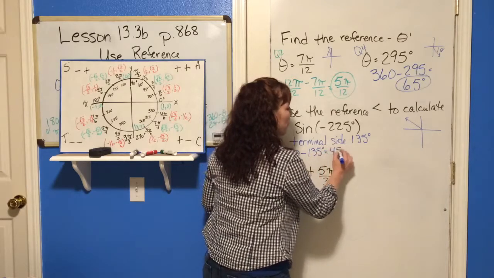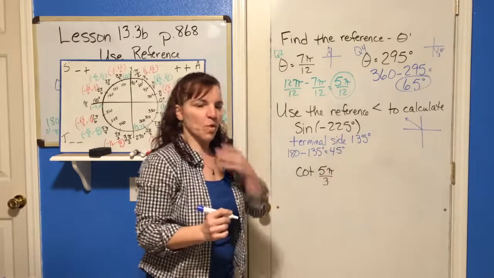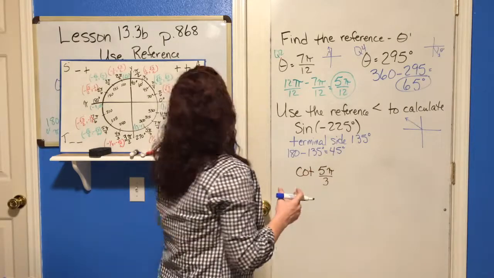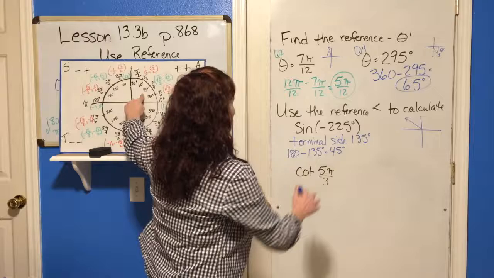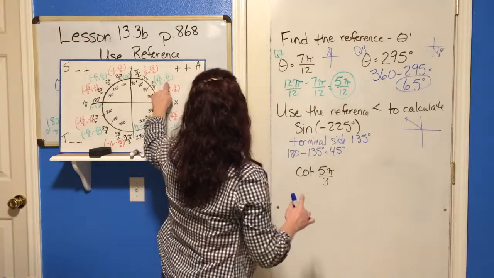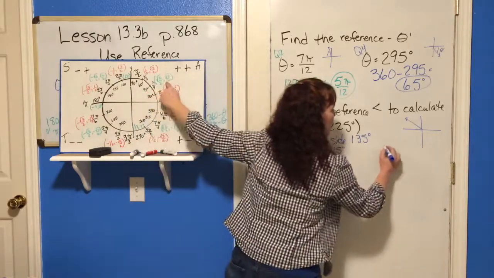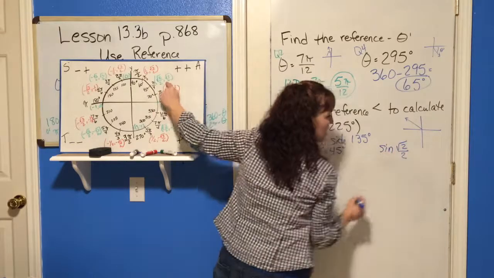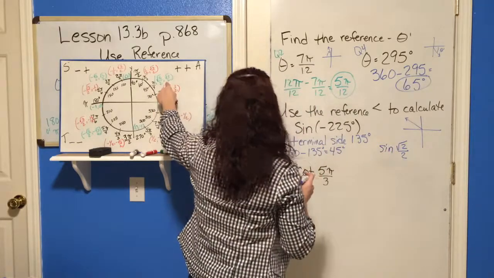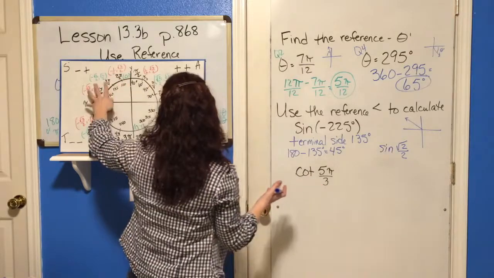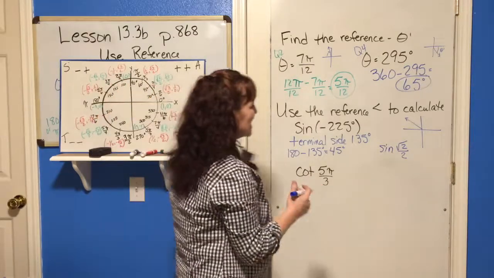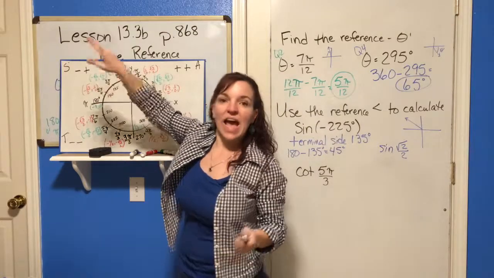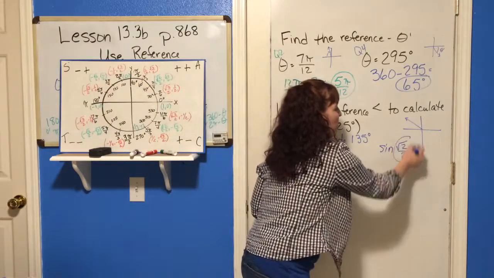So that's 45, right? Okay, so 45 degrees is our reference angle. At 45 degrees, the sine is square root of 2 over 2. And if I'm in the second quadrant, I look to see my sine is positive in this quadrant, and so this is my final answer.